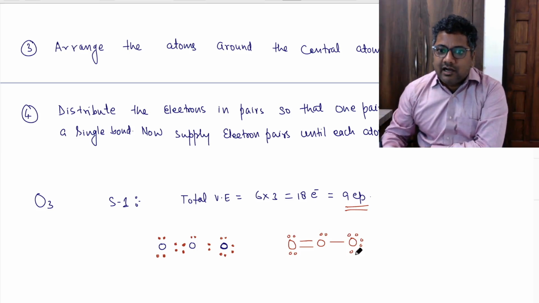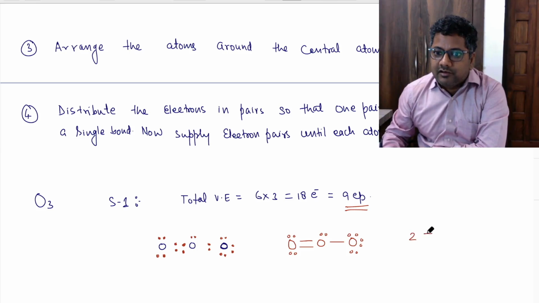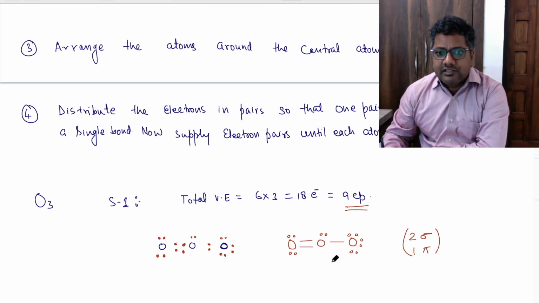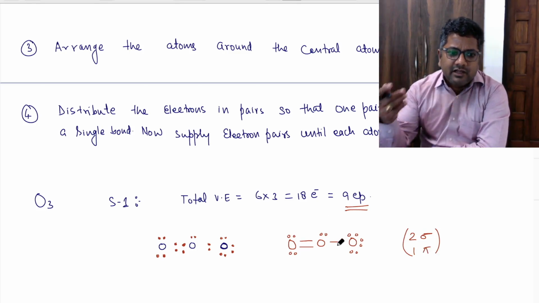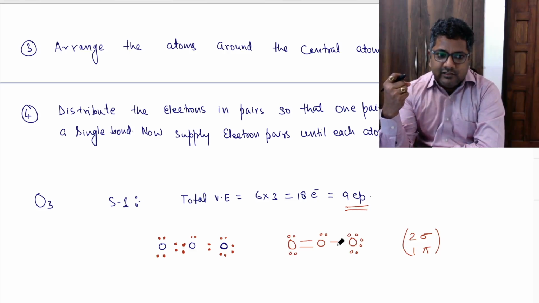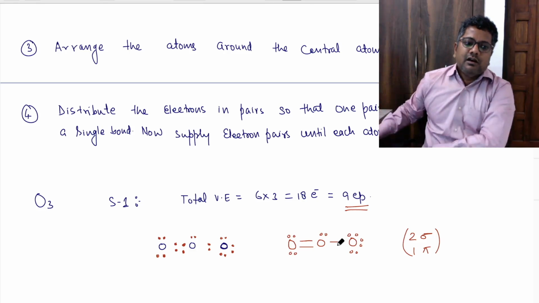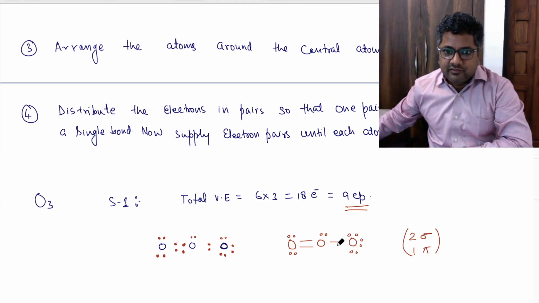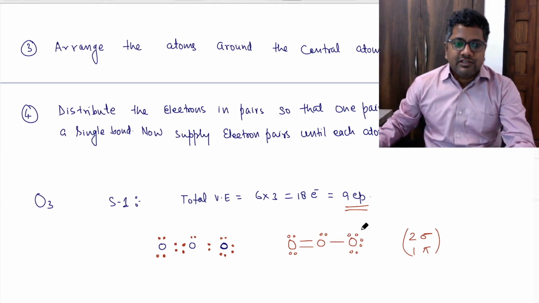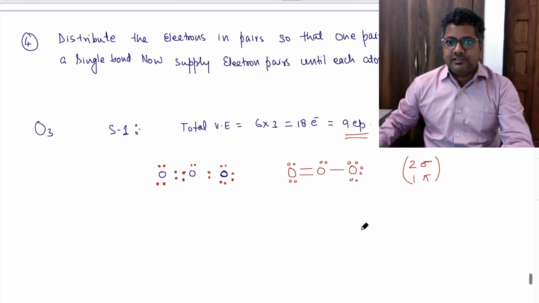So how many sigma and how many pi bonds are there? 2 sigma bonds are there, 1 pi bond is there, right? All have 8 electrons in the valence shell. We can say this is one of the models of the ozone molecule. I'm not saying that this model is 100% perfect, but it is very close to reality. So this is the way to write the Lewis structure of molecules, right?